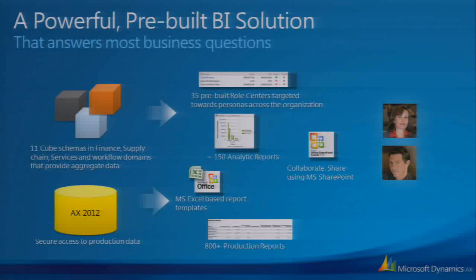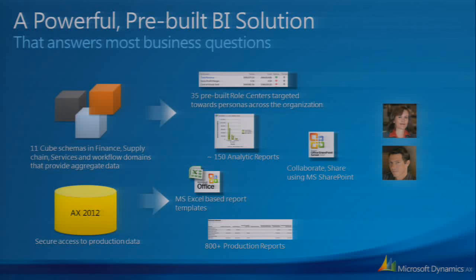At the top, we have literally dozens of role centers that are shipping with this product. These target individuals that fall within that role category. Below that, we have some 150 analytic reports that also ship with the product. We have Excel-based report templates.